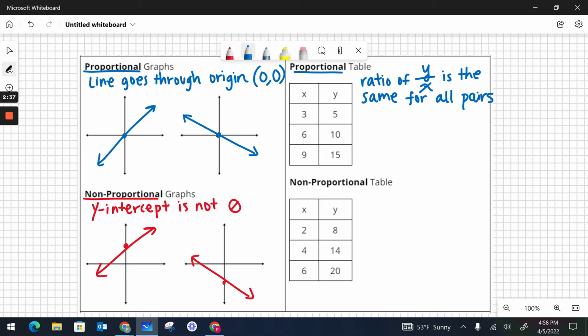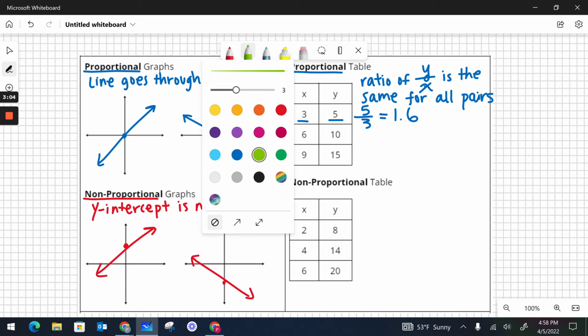So what that means is if I take any y value, like 5, and I divide it by its x value, so if I did 5 divided by 3, and I turn that to a decimal, you put that in your calculator, it is equal to 1.6.